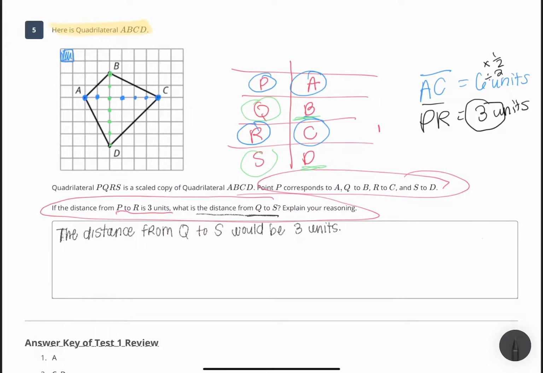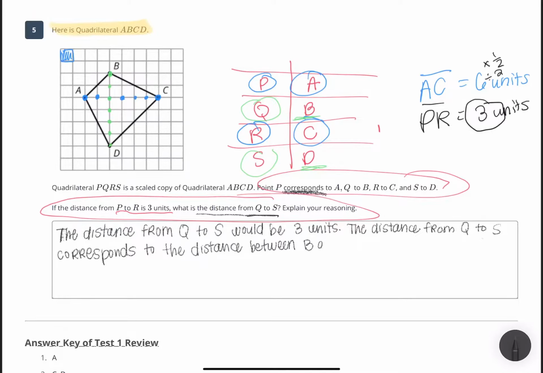You could put that the distance from Q to S corresponds to the distance between B and D. If you don't know how to spell corresponds, it's right here.